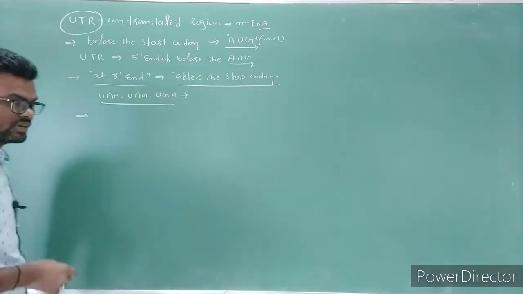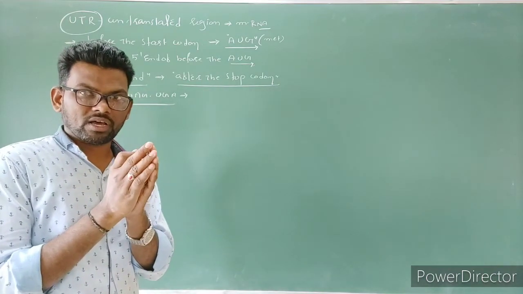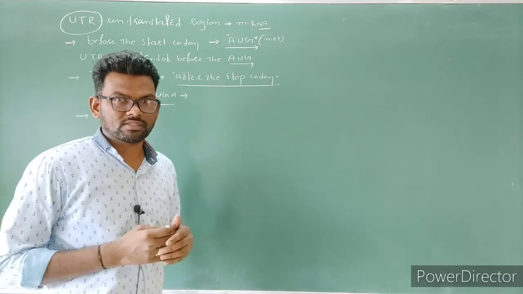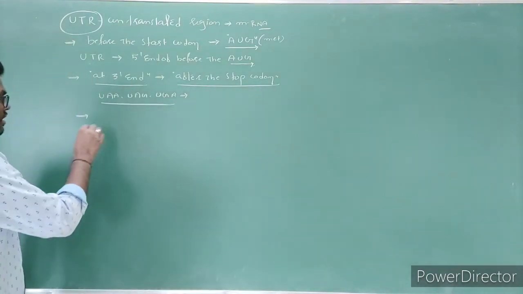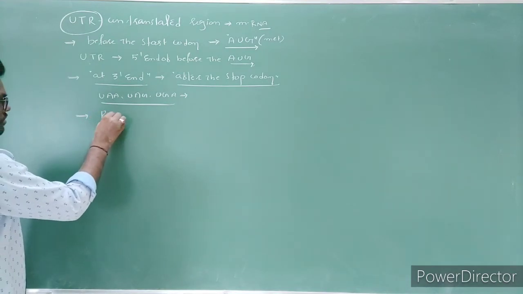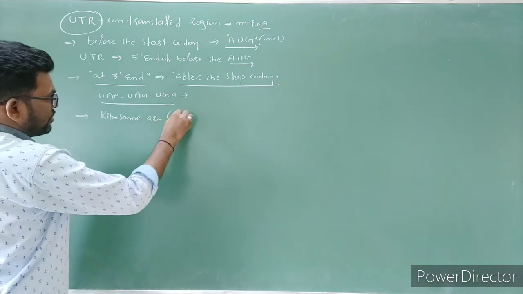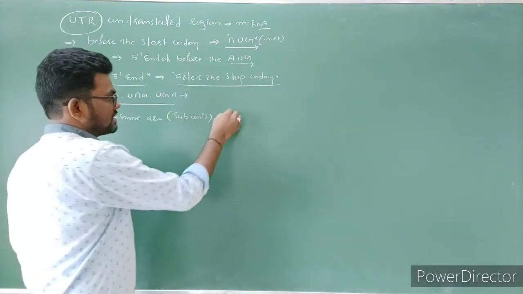After completion of translation, tRNA is going to leave the ribosomes. This long polypeptide chain is released into the cytoplasm, right? Then later, the ribosome subunits are again separated.